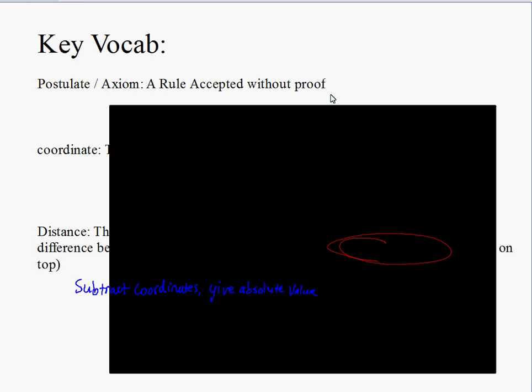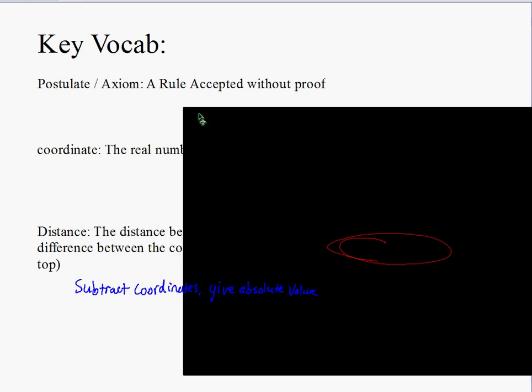Something like the Pythagorean theorem, where you have A, B, and C, we can prove that. But if we're saying something like, a point is represented by a dot, I really can't prove that to you, but I just want you to roll with it. So anytime I have a postulate like the segment addition postulate, I want you to just go with it and move forward.